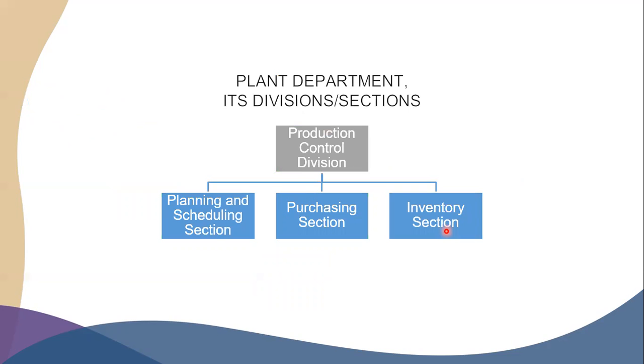So, the plant department, its divisions and sections. For the production control division, you have the planning and scheduling section, your purchasing section, as well as the inventory section. Here, class, you may be wondering why it has a planning and scheduling section. Because in a manufacturing company, there are certain manufacturing companies that take up contracts from different companies to make their drugs.